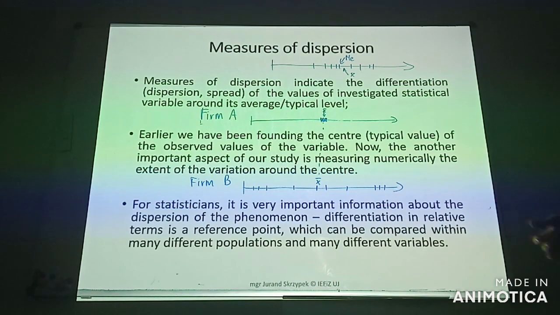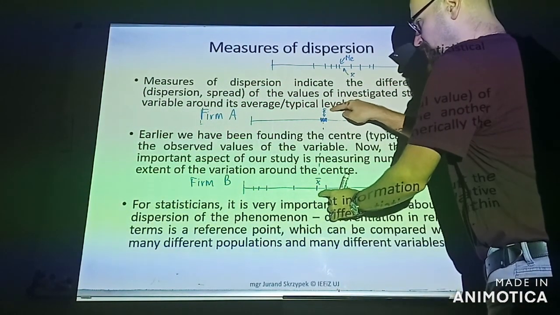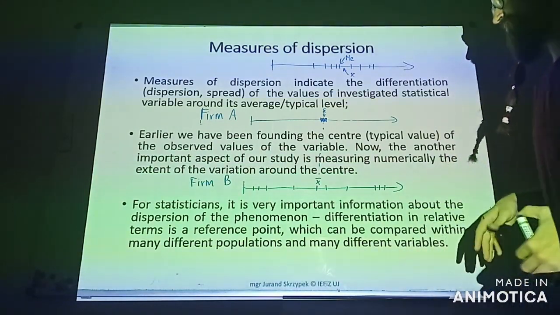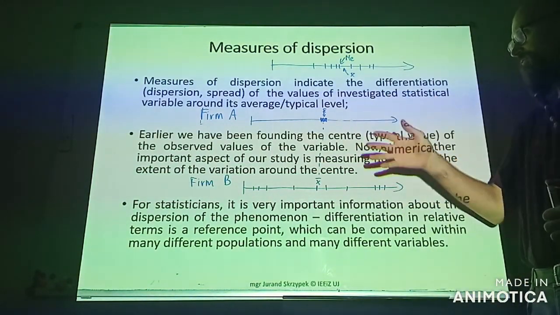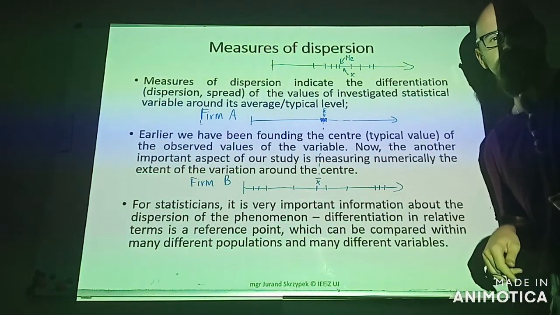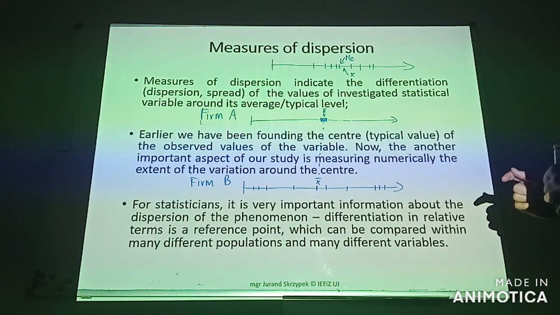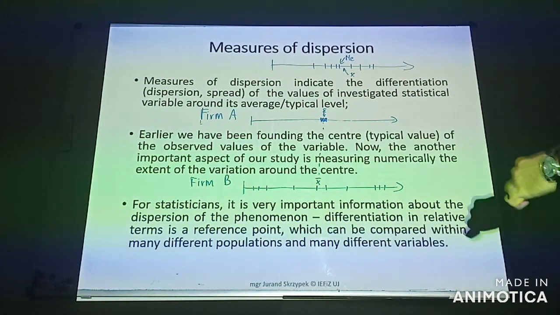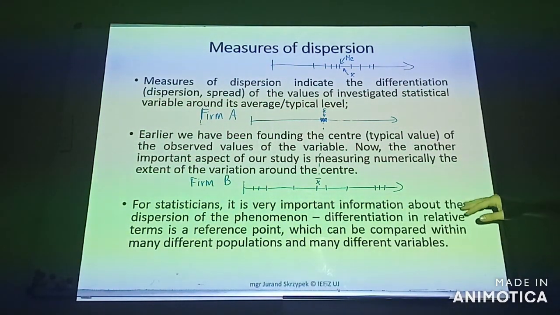So for a statistician, this is very important information. Here the typical level is the same, but the situation in both firms is completely different. This is the answer to the question why we count the measures of dispersion. This is very important additional information about the considered phenomenon.